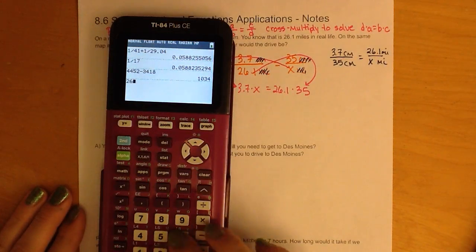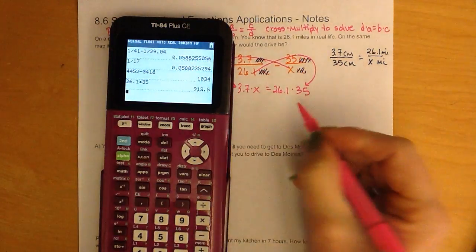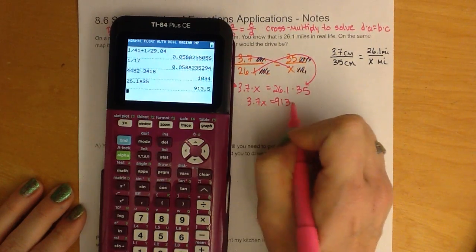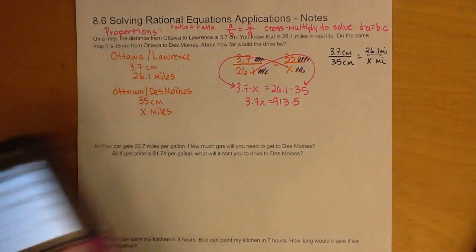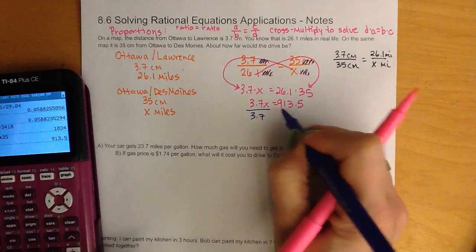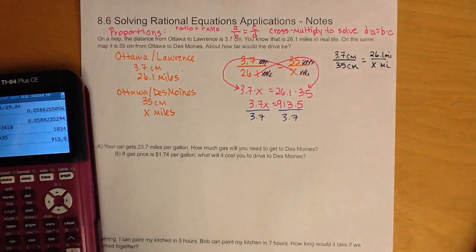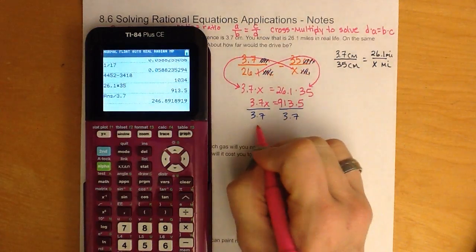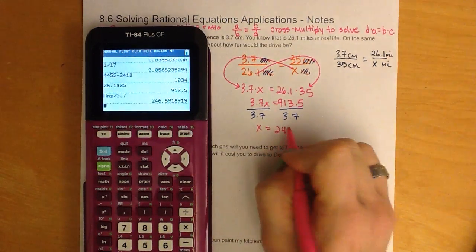So I'll do 26.1 times 35. So I have 3.7x equals 913.5. And then to solve for x, just divide both sides by 3.7. Divide by 3.7. And I get x equals 246.8918.